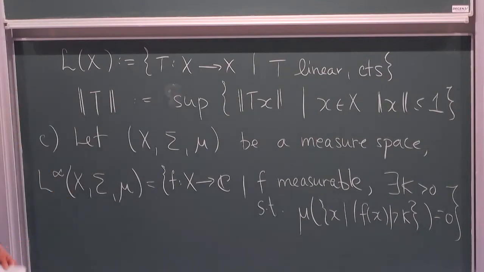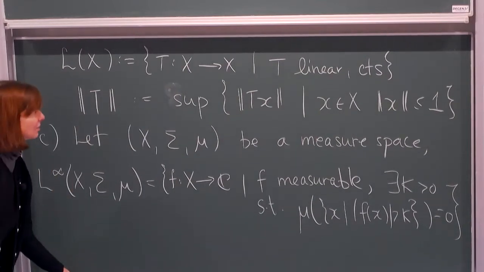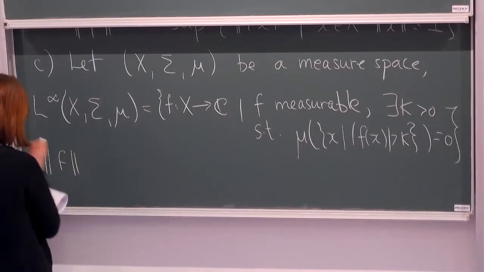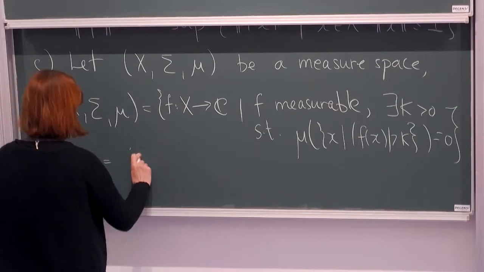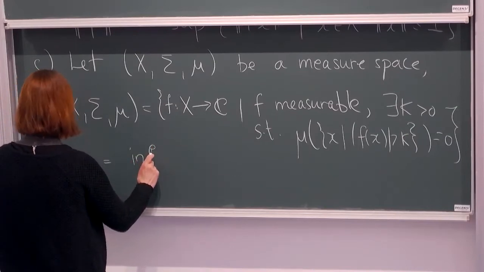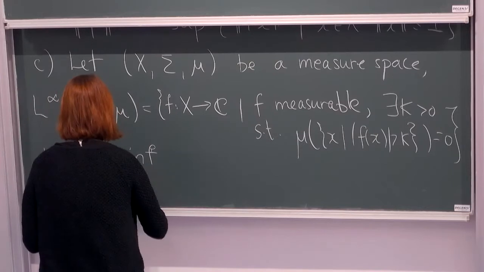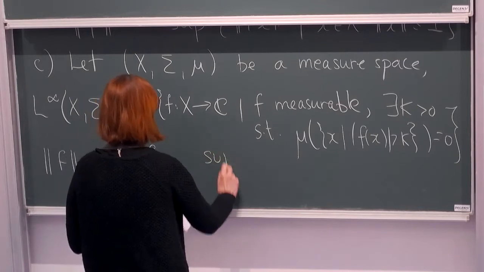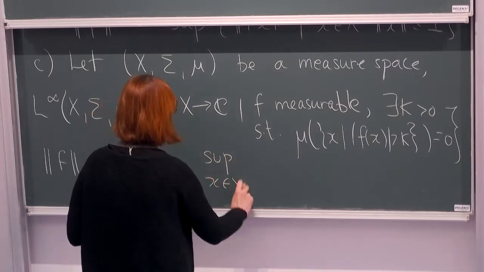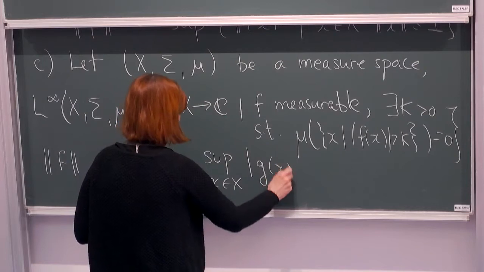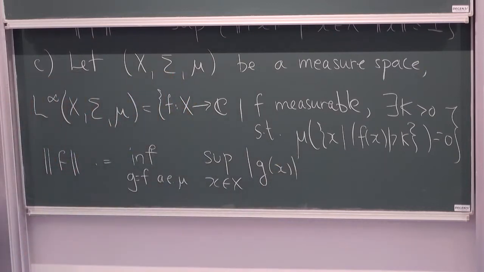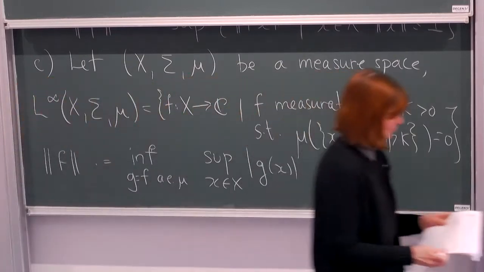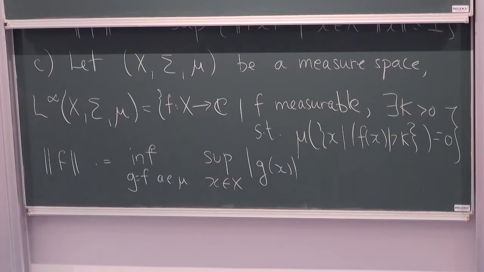Then we do the obvious pointwise operations, and the norm will be the infimum over g equal to f almost everywhere of the sup over x of |g(x)|. So there's no shortage of Banach algebras out there.